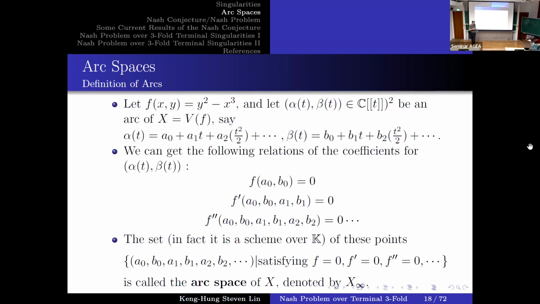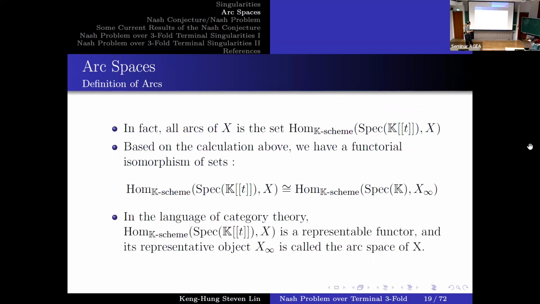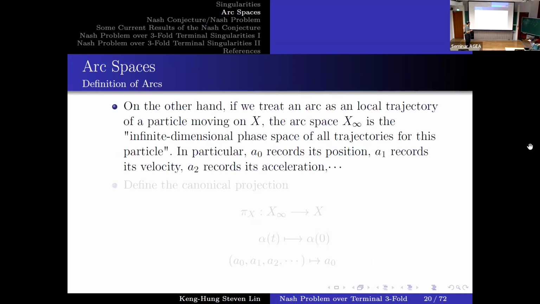So this is actually the so-called phase space of the given X. This is what I mentioned here: the arc space is an infinite dimensional phase space of trajectories for this particle.